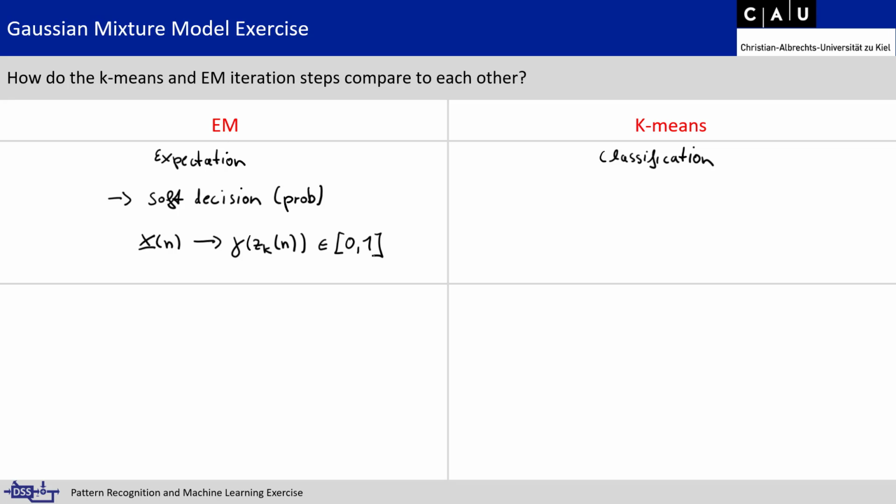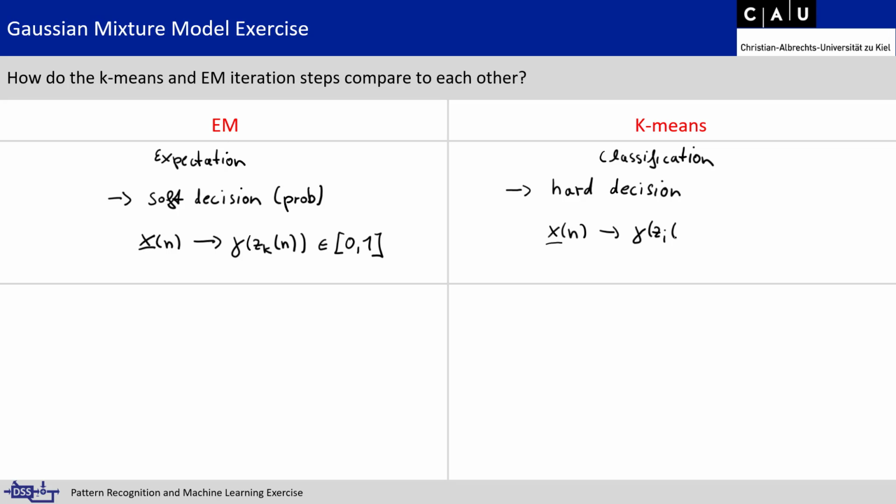When we then look at the k-means algorithm, there we don't do a soft decision but a hard decision. We don't look at probabilities, but we do say that feature vector, it really does belong to that codebook vector for the update at least. But if you really want to compare this step to the EM algorithm, we can also work with a gamma here, and we go from x of n to a gamma, but I'm not saying zk, but I'm calling it zi here.